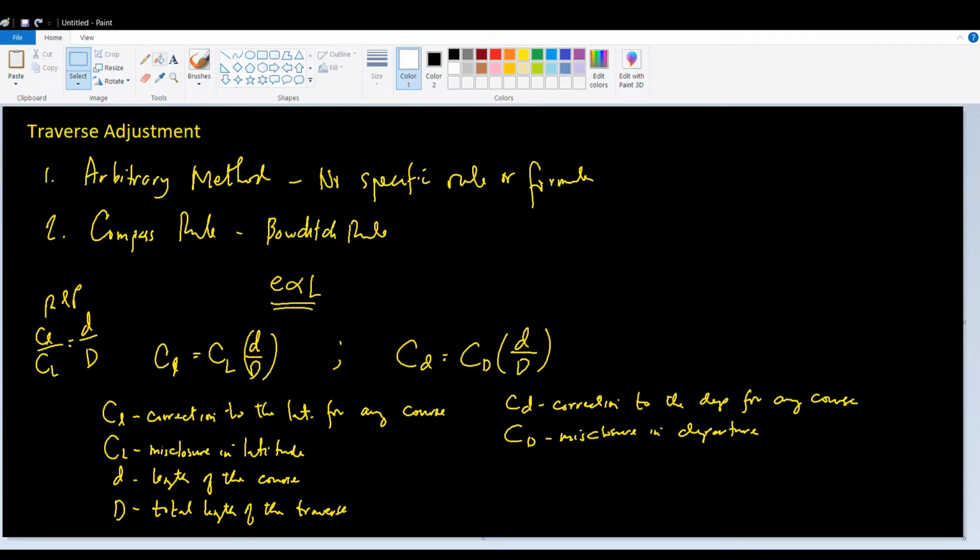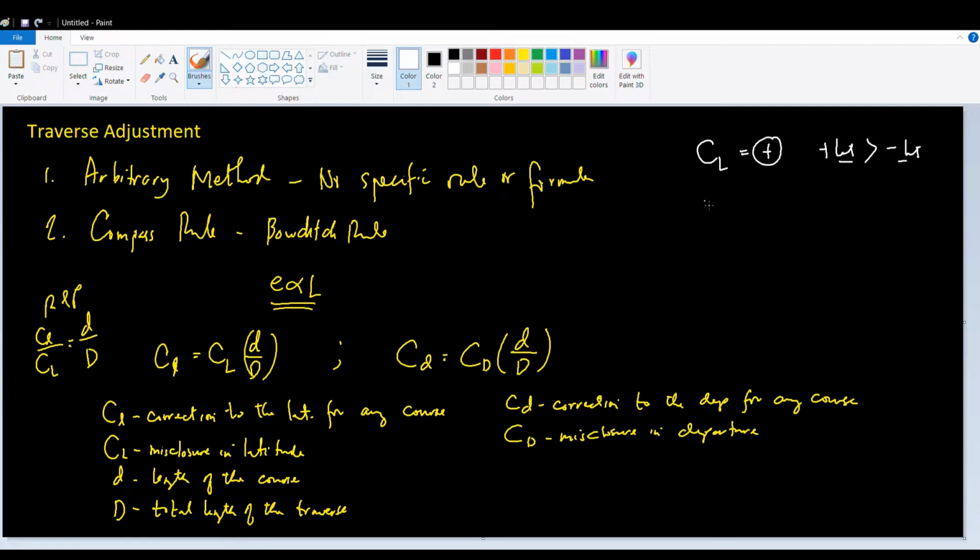After we have calculated the individual corrections for the latitudes and the departures, how do we then apply these corrections? For example, if your misclosure in latitude is positive, this indicates that there are more positive latitudes than negative latitudes.